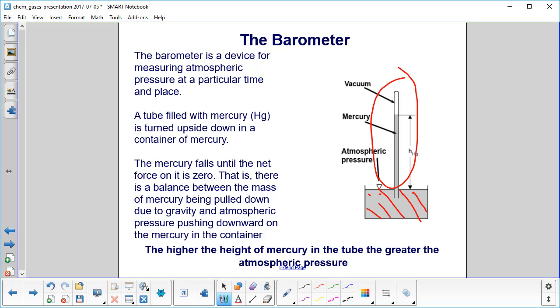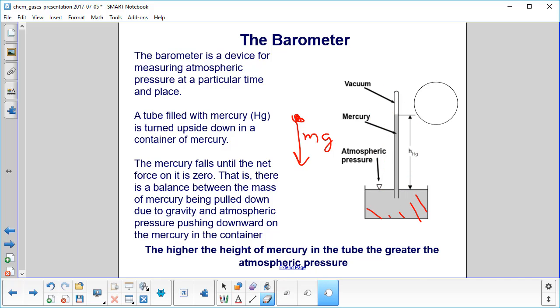And what mercury are we talking about? The mercury in the tube, right over here. So let's take one little mercury molecule there. And we know that gravity's trying to pull it down. We're going to sneak in a little free body diagram here. Now, what's atmospheric pressure doing? Well, here, let me erase this because I think we've indicated what we've got going.